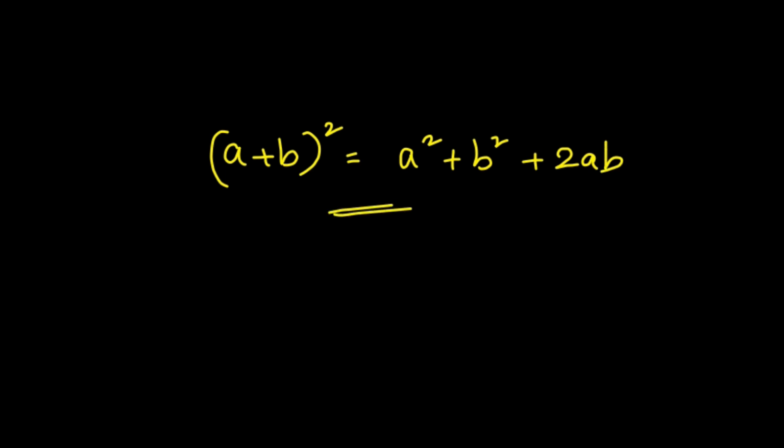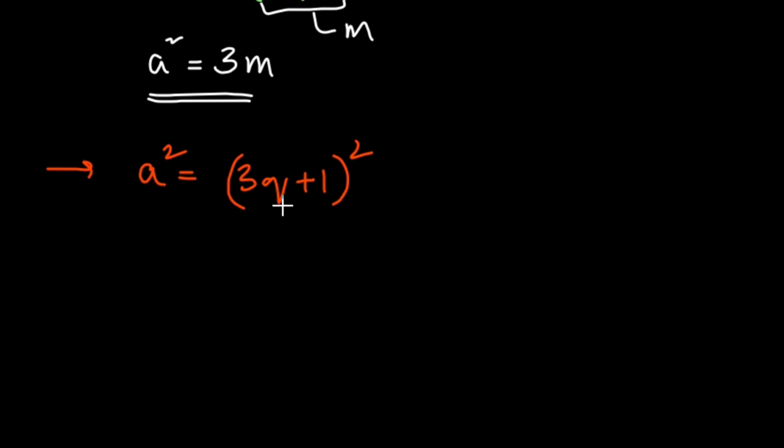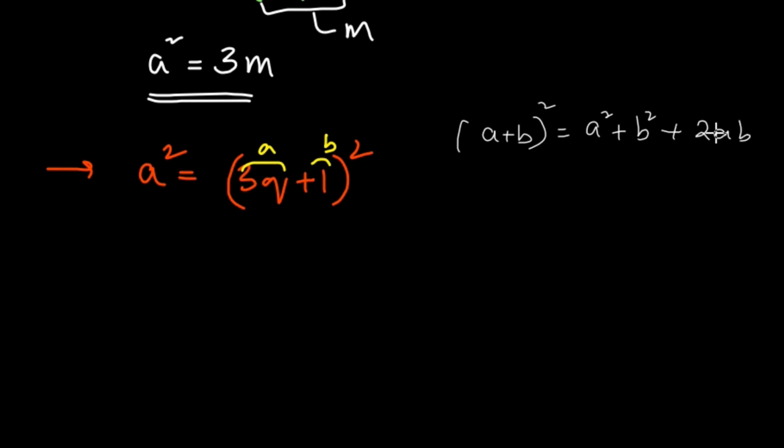Using this we're going to expand the square of this. Now this is your a, this is your b. Using a plus b whole square equals a square plus b square plus 2ab.